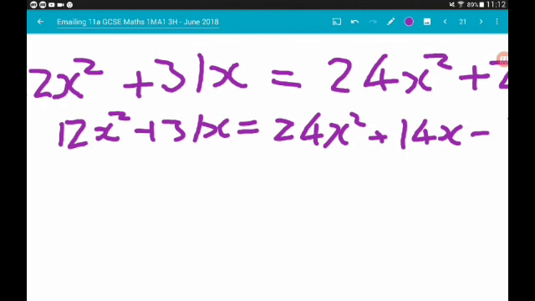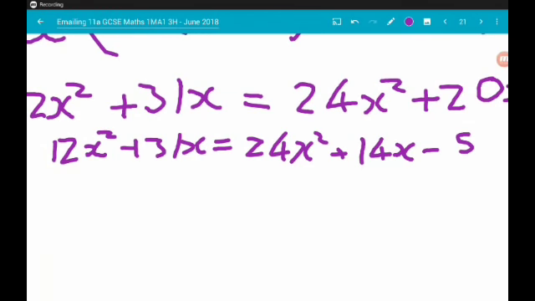To solve quadratics, we need everything on the same side with a nice 0 on the other. The next thing we need to do is move the 12x squared and the 31x. So, we're going to subtract 12x squared. So we're going to get 24x squared minus 12x squared is 12x squared.